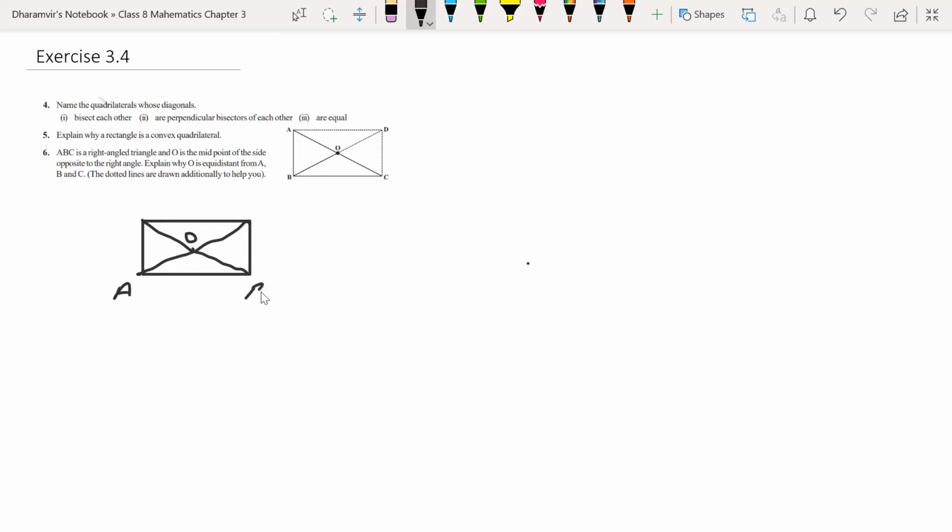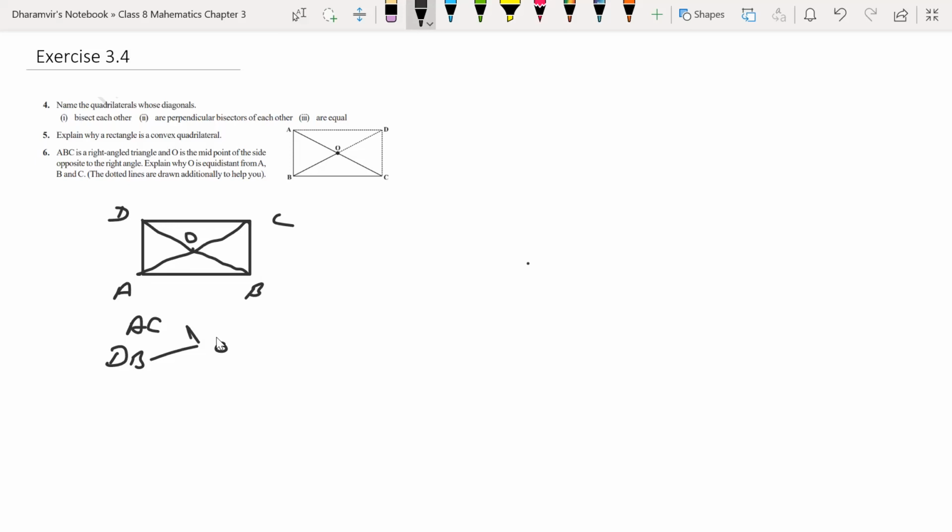A, B, C, and D. This is the parallelogram. The diagonals AC and DB bisect at O. So the quadrilaterals whose diagonals bisect each other are parallelograms.